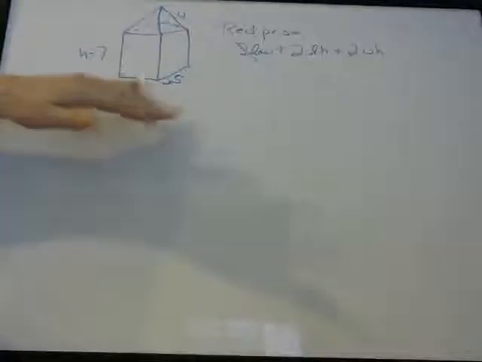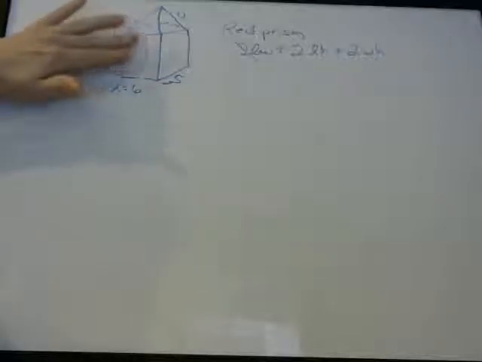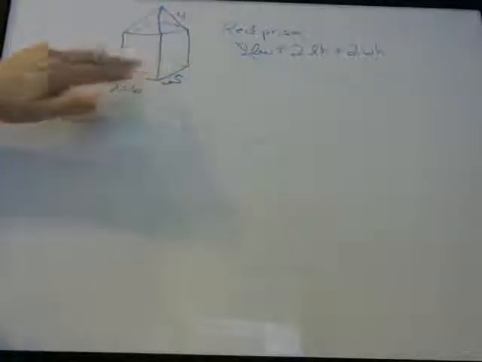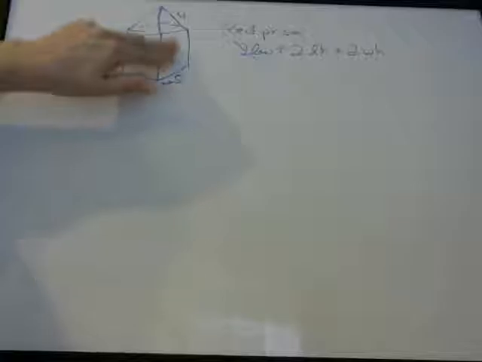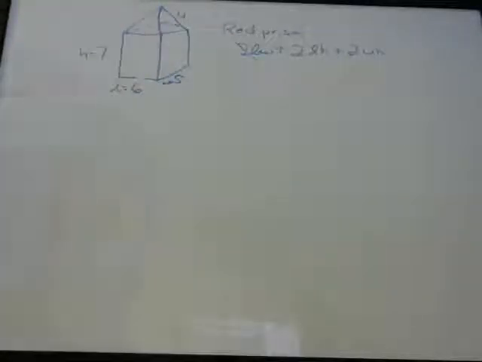So our formula is we're going to take the area of the base, which is 6 times 5, plus 2 times the area of this face, because this face plus the face that's behind it, and 2 times the area of this face, which is 5 times 7. We multiply it by 2 because there's 2 of them.